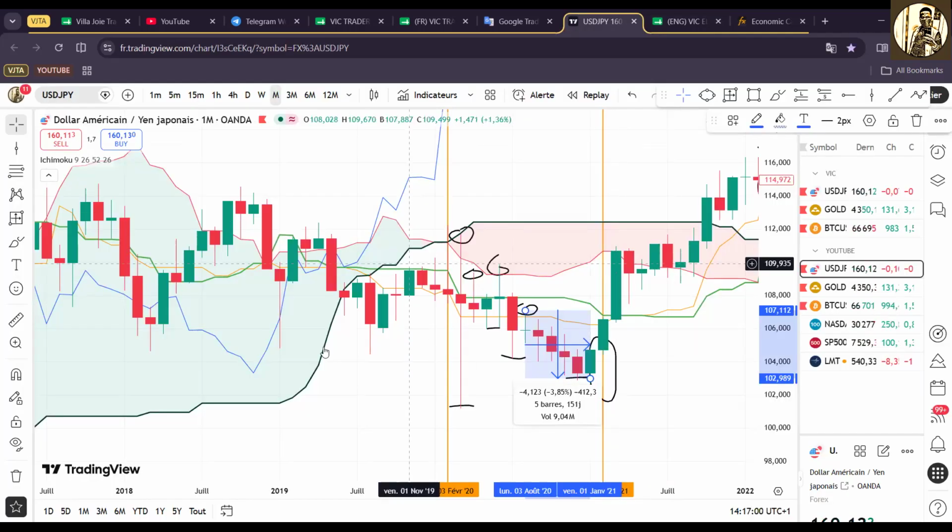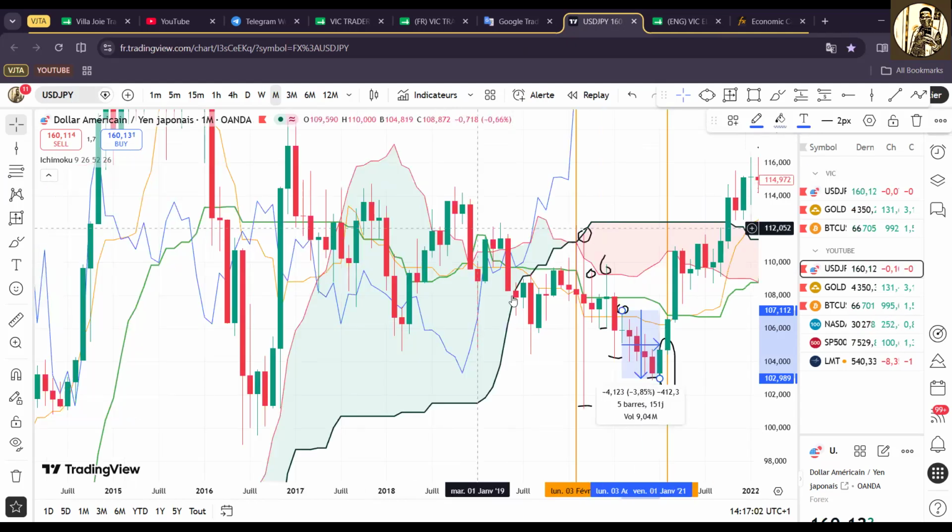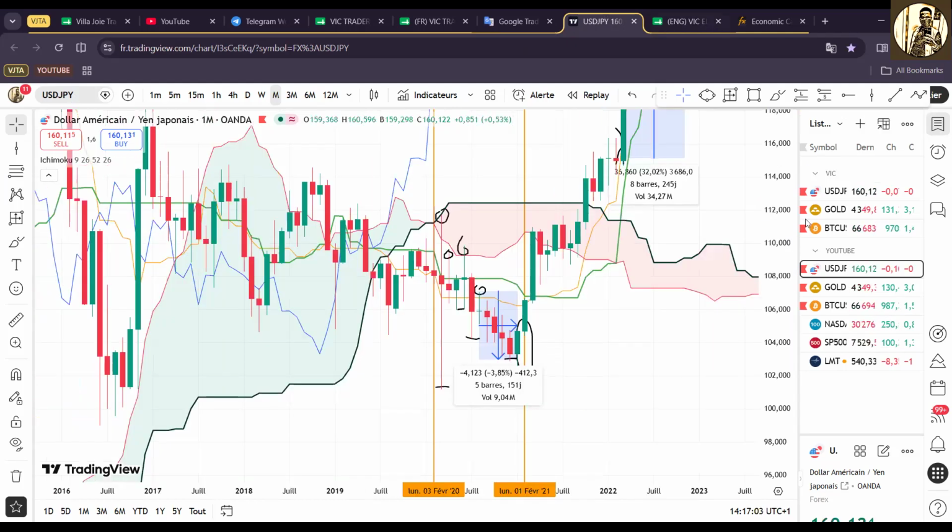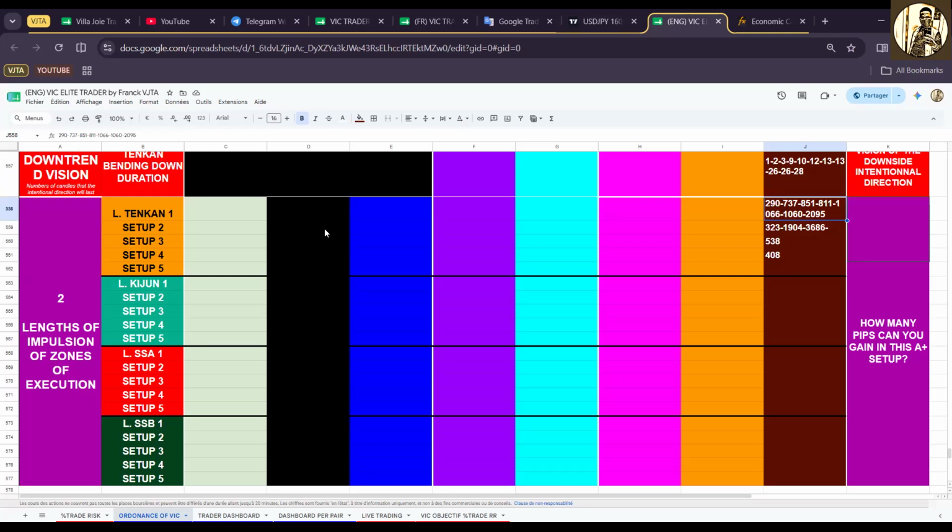So I will stop here for Tenkan, if not, it will be too long. So you get the idea. Tenkan alone gives you the idea that when the first Tenkan is touched, you don't have less than 200 pips, 290 pips.